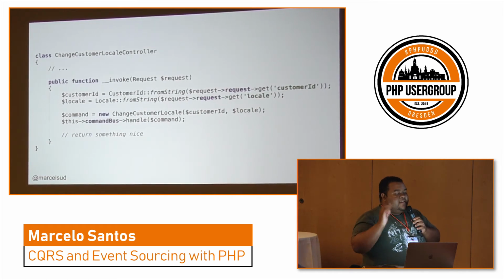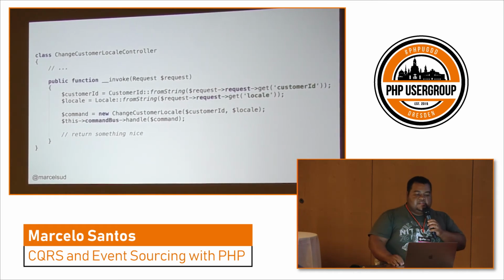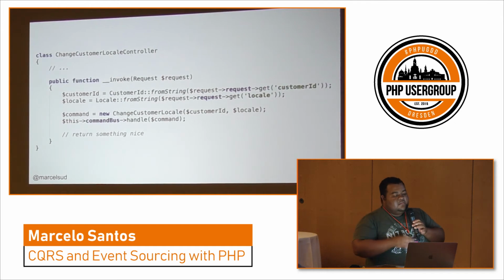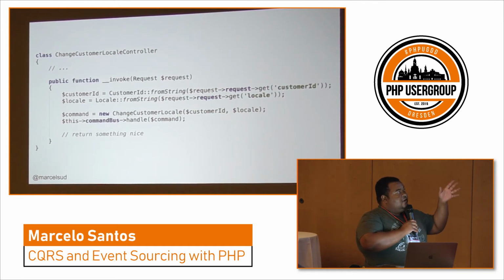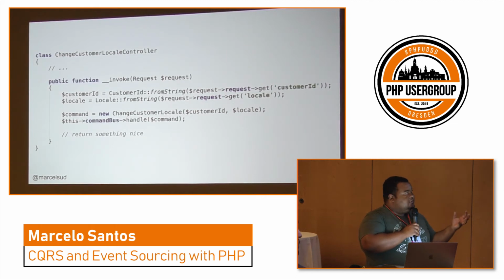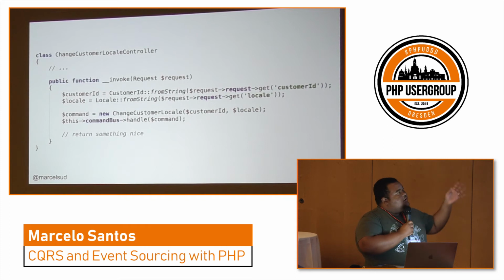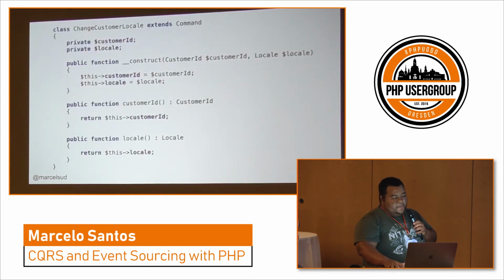So imagine I have a controller that received this command and sent it to a command bus, which is what handles the CQRS part, the command part. In the end, imagine it as a service locator that will find a class to handle this request. So I sent this change the locale.